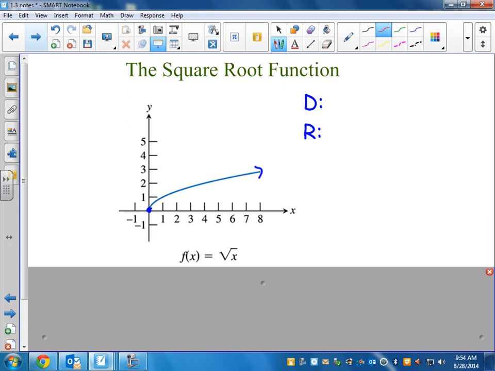So in interval notation, I would say that's 0 to infinity. I'll do this one in set notation also: x is greater than or equal to 0. So whatever number is the smallest you can plug in there becomes the start of your domain.